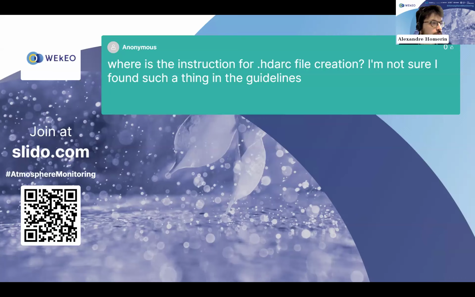So there is an article available with a link in the notebook. I don't know which guidelines this user is talking about, though. I think it was perhaps the guidelines of the tutorial, but if there is an article about it, it's fine. Okay.